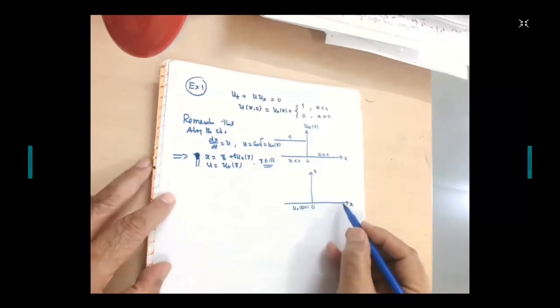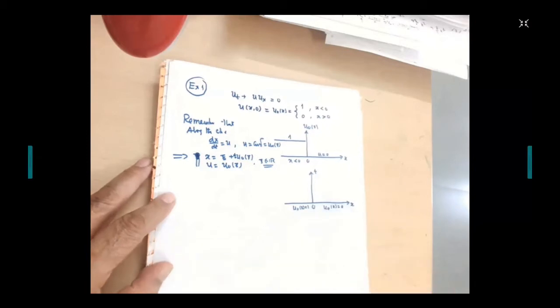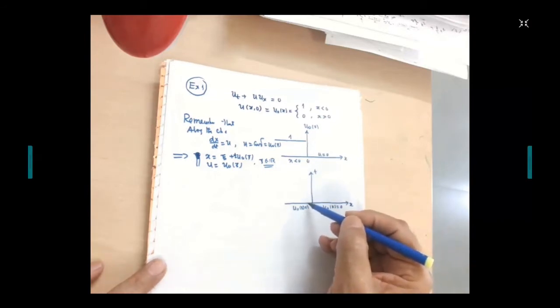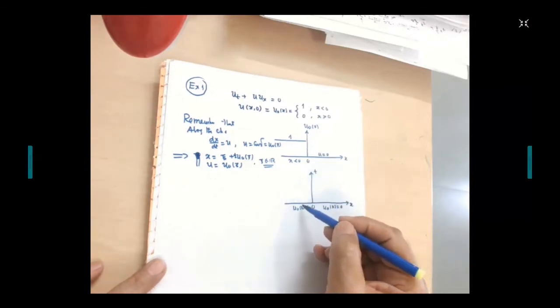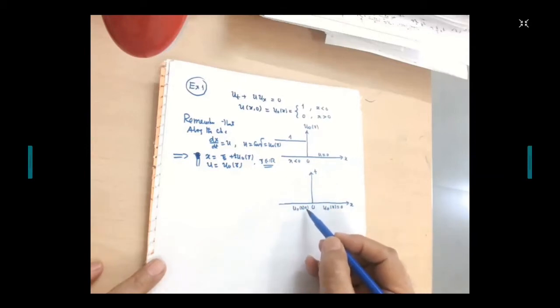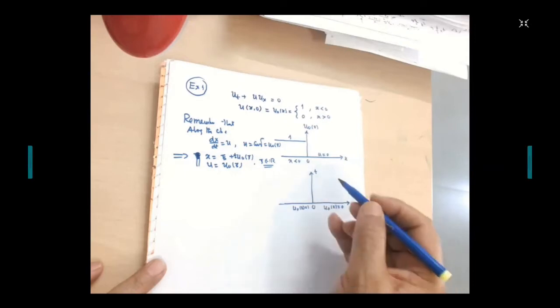On this part of the real line, u naught of x is 0. The characteristics issuing from this part will carry the information available here. What is that information? It is 1.